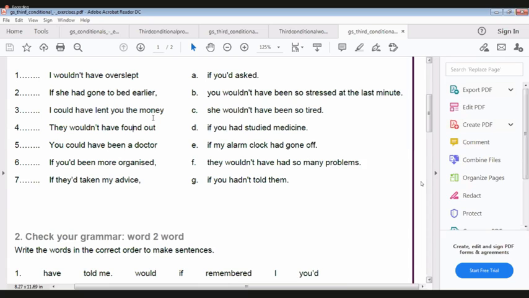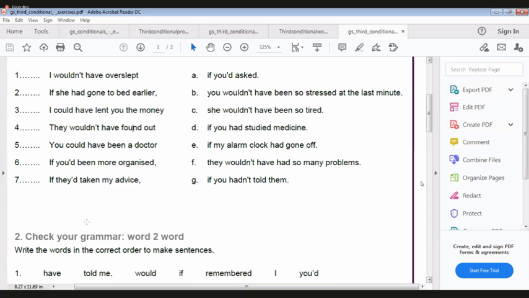Himansu, fifth one. If you had studied medicine, you could have been a doctor. Good. Sixth one. Very good. If you had been more organized, you wouldn't have been so stressed at the last minute. Right.